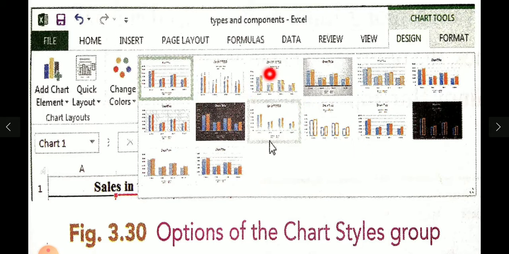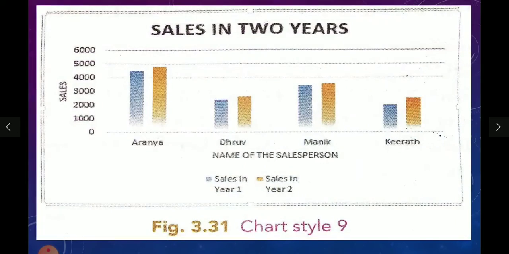There are so many different types of charts. And this is a chart style. You can see there is a faded bar graph, and this we call legends, we know.